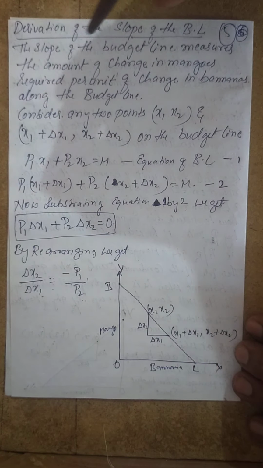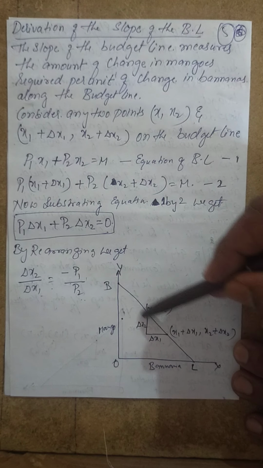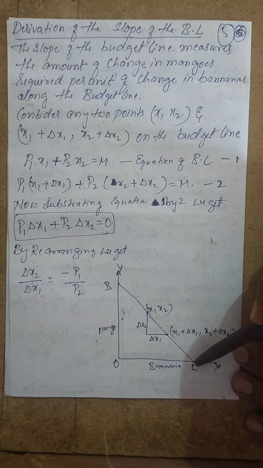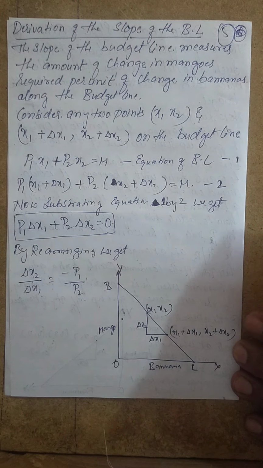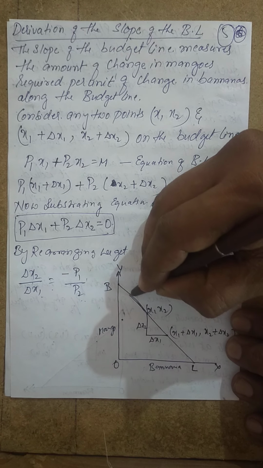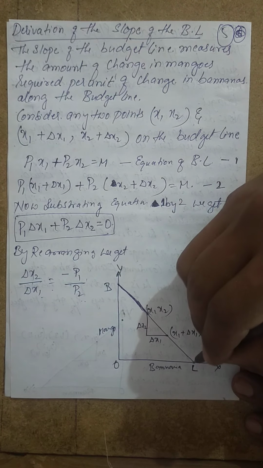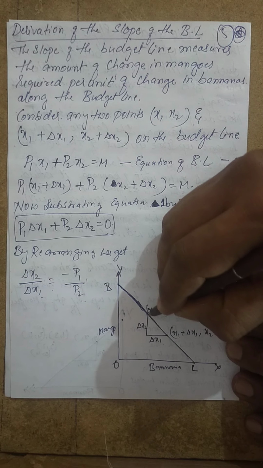So, derivation of the slope of the budget line. Which slope? This is the slope. This is the straight line. I have drawn it slightly roughly, but it should always be straight. Make sure that it is always a straight line.